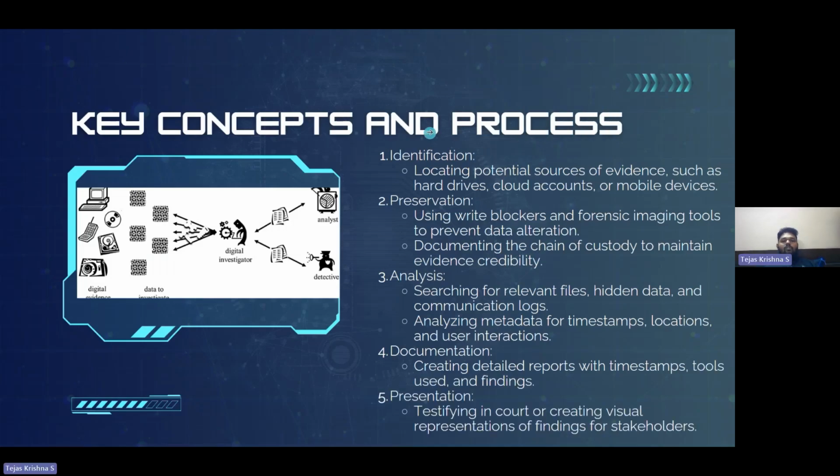So what are the key concepts and processes? The first one is identification. What is identification? We need to find the source of evidence, such as hard drives, cloud accounts, mobile drives, meaning where exactly the evidence can be found.